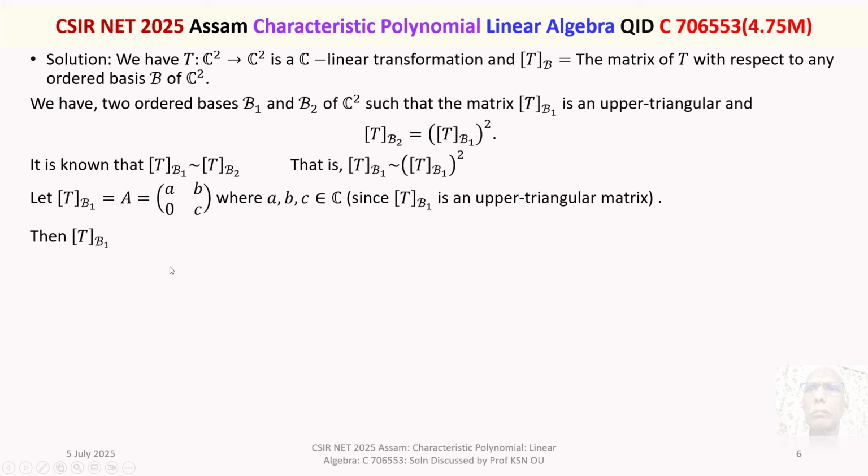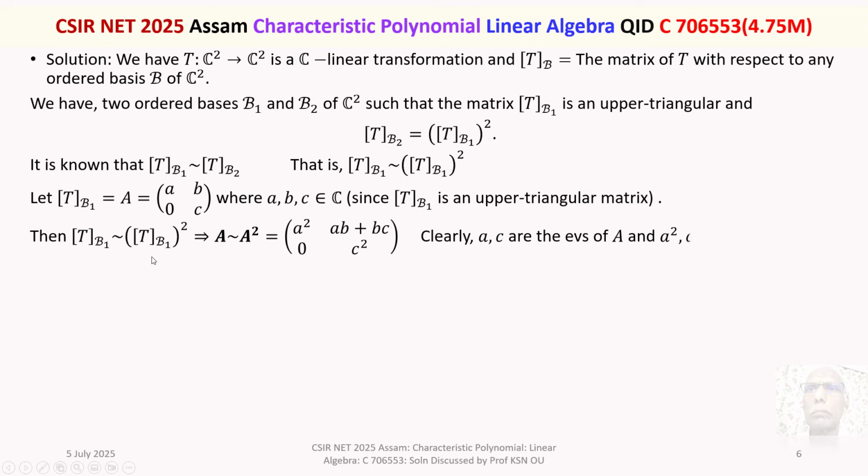Then bracket T with respect to B1 is similar to the square of bracket T with respect to B1. That is, A is similar to A square. When A is [a b; 0 c], A square is [a square, ab plus bc; 0, c square].